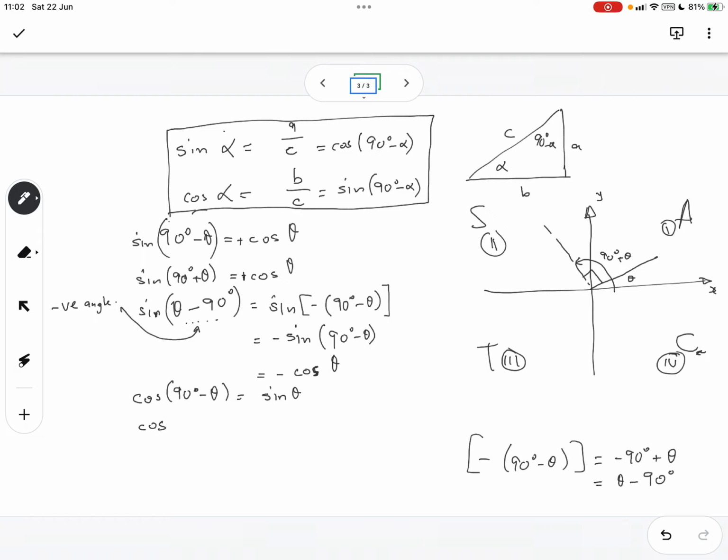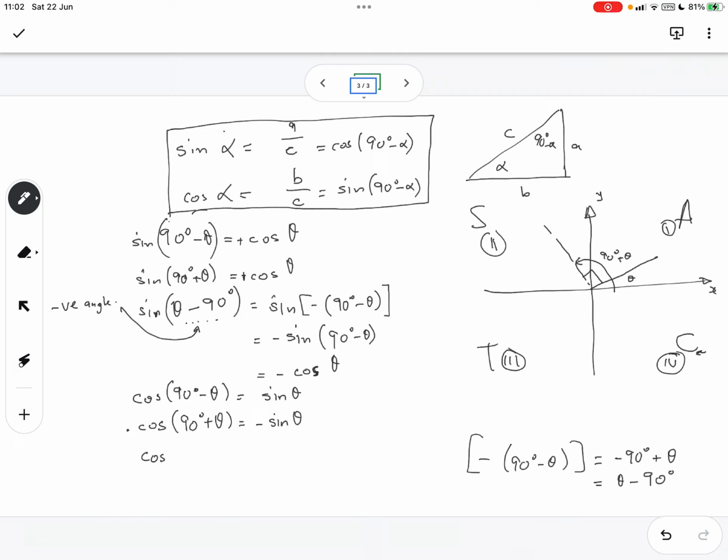The cos of 90 degrees plus theta is in the second quadrant, where cos, the original trig ratio, is negative, so the result is negative sine theta.